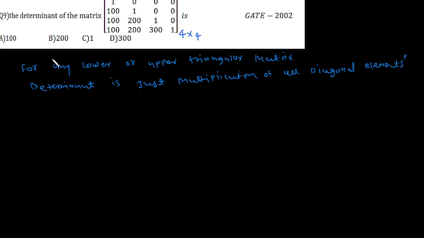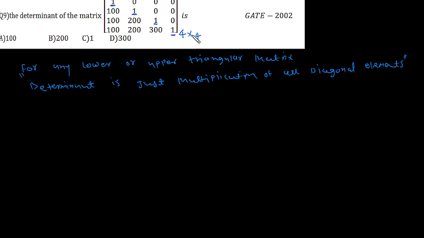Now here is the property for any lower triangular or upper triangular: the determinant of any matrix which is either lower triangular or upper triangular is simply the multiplication of its diagonal elements. Here it is given that the entries are 1, 1, 1 in the diagonal.